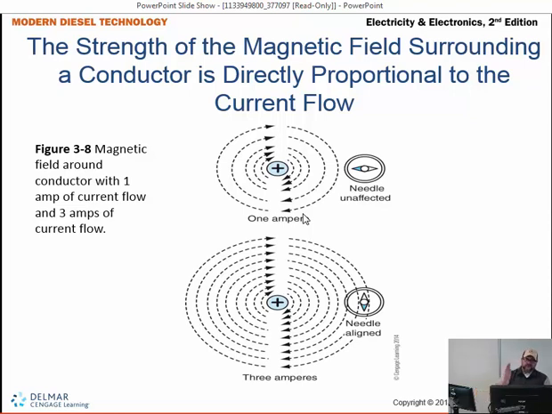Now that same wire, we up that by 3 times to 3 amperes, and now our needle is attracted and it's trying to align itself with the wire. And we're going to do this experiment in the lab, so you'll get to see this.